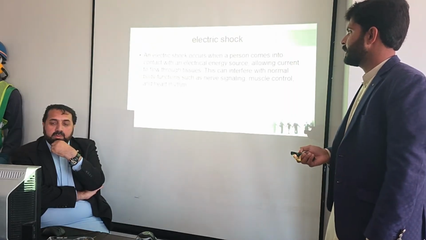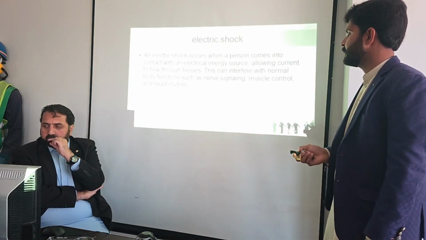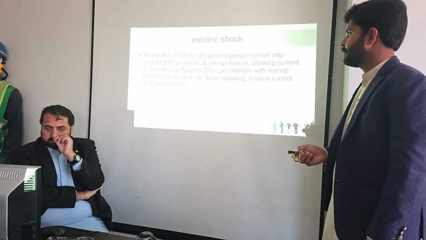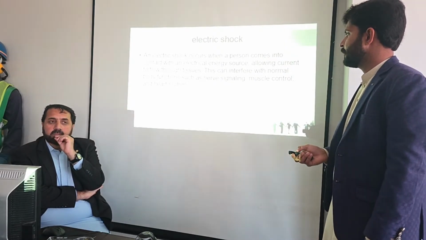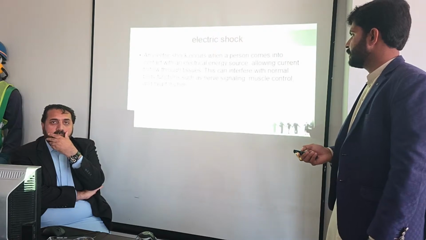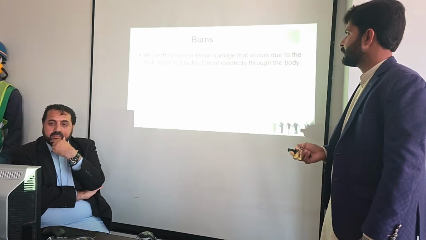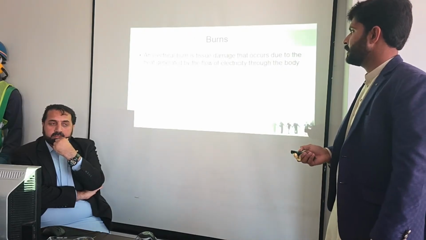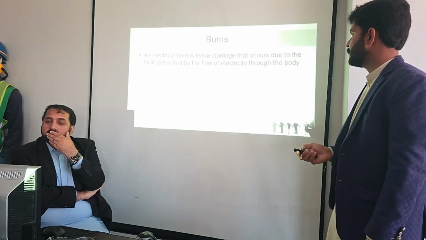Electric shock. An electric shock occurs when a person comes into contact with an electrical energy source, allowing current to flow through tissues. This can interfere with normal body functions such as nerve signaling, muscle control, and heart rhythm. An electric burn is tissue damage that occurs due to the heat generated by the flow of electricity through the body.